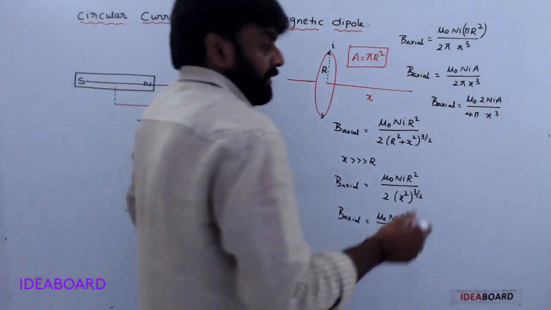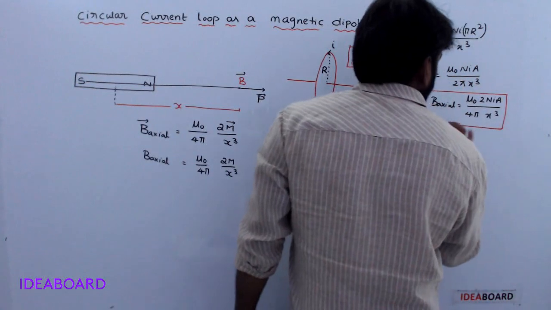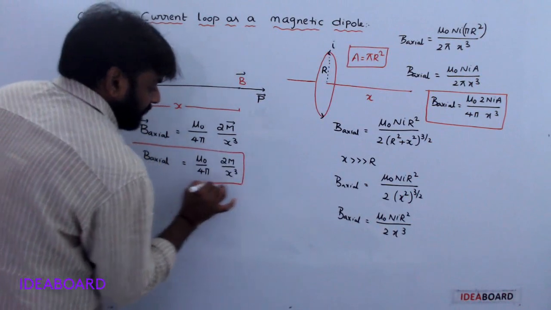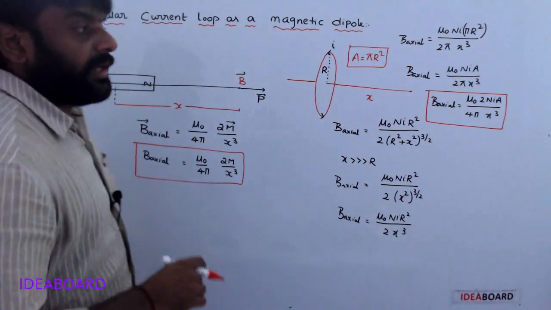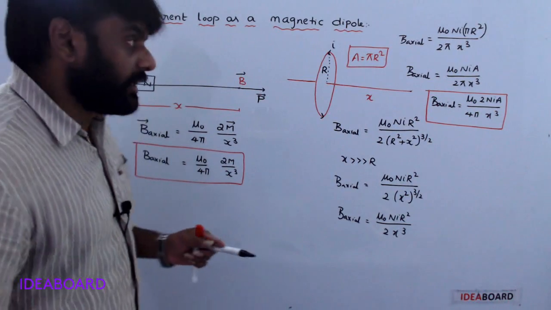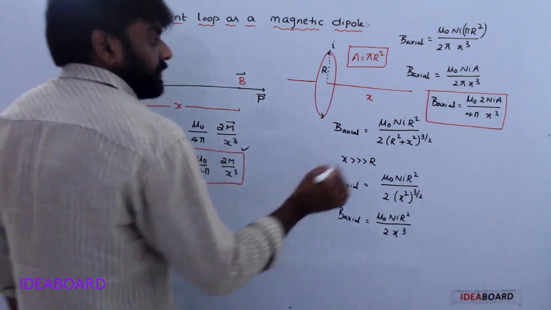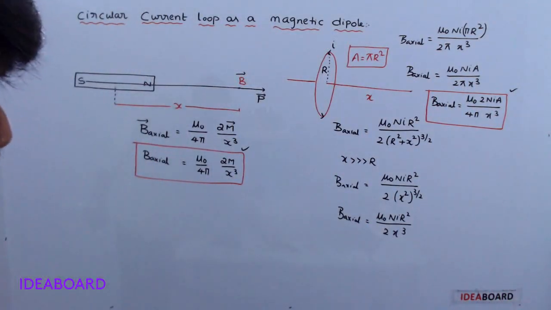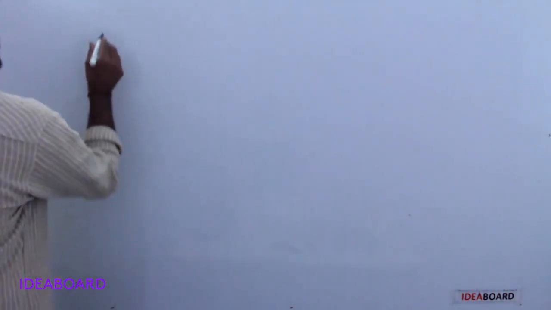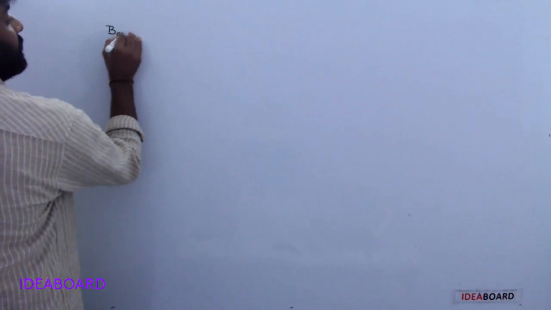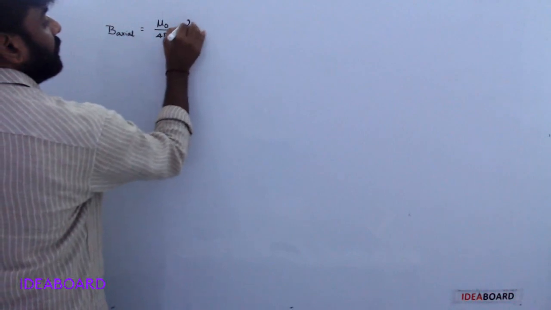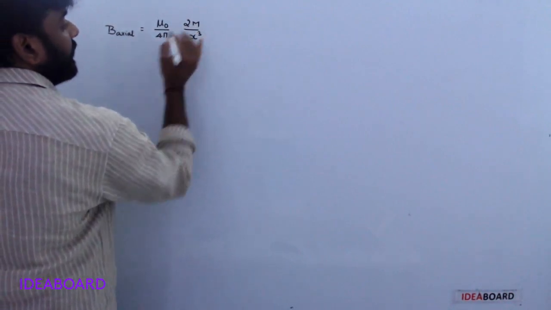Understood? Now compare this equation and also this equation. Due to a bar magnet, B axial is equal to mu naught by 4 pi, 2m by x cube.